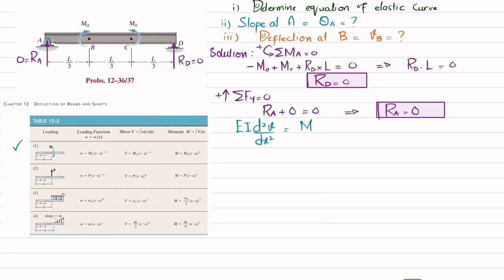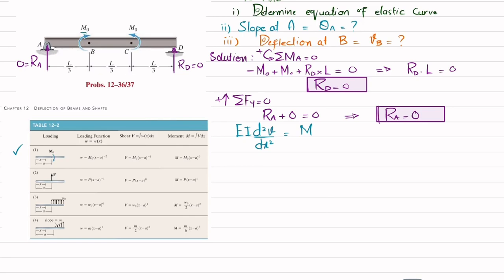From here you can see that we have the moments only. So if you go to row number 1, that is about moment. If this moment is applied at a distance of a and x starts from this place, you can see the moment equation will be as follows.